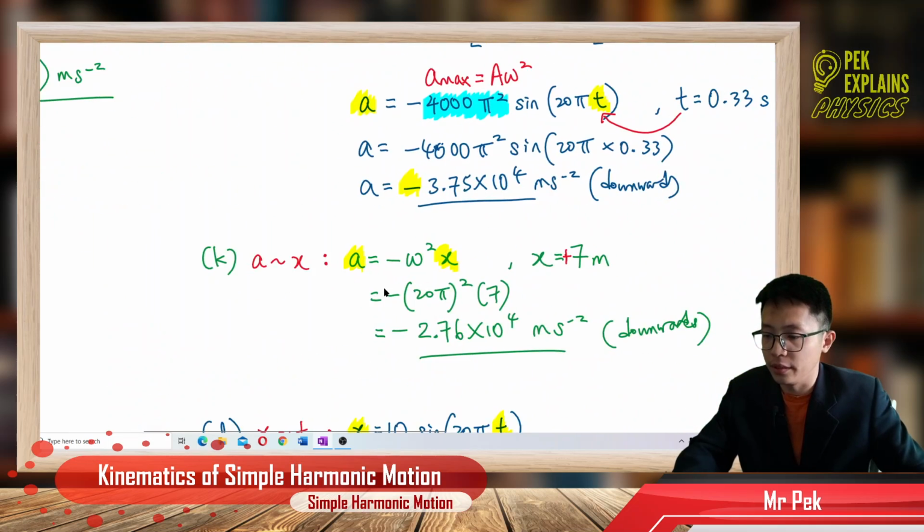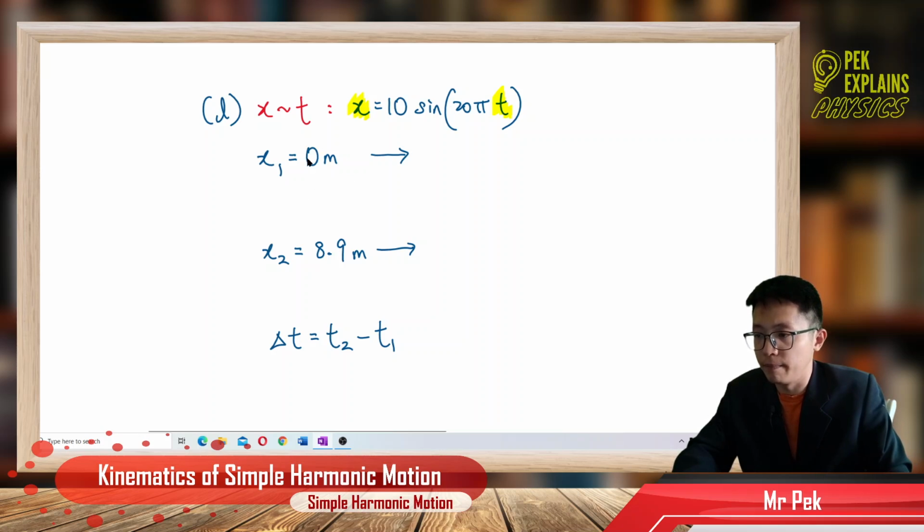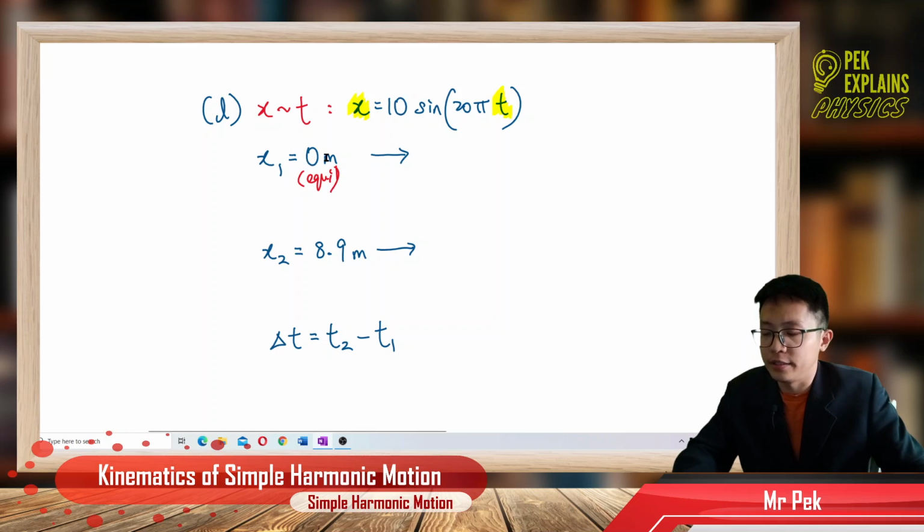First is the equilibrium position, then another time is the 8.9 meter. So use the xt formula, which is 10 sine 20 pi t. First is the equilibrium, 0 meter.